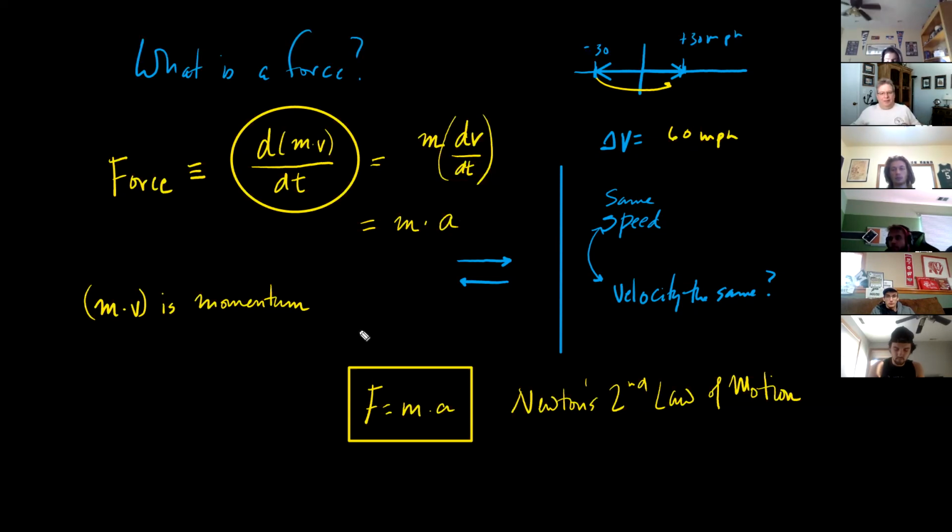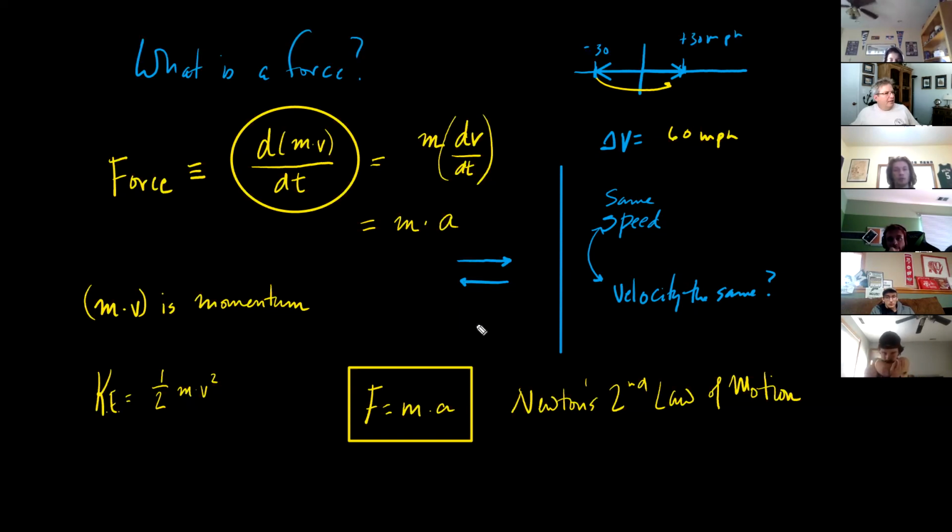But here's a cool thing. What's the formula for kinetic energy? Half mass times velocity squared. When the molecule hits the wall of the box and bounces back, does the kinetic energy change? Is this molecule of a different kinetic energy?